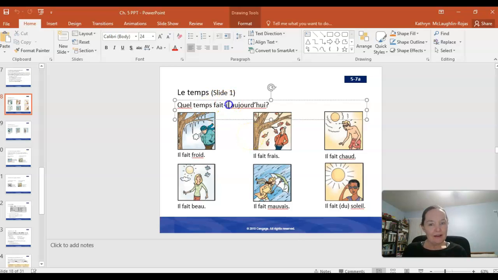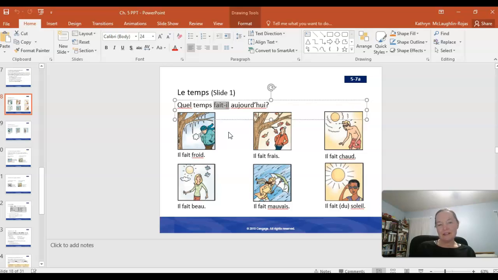Il fait, or in the inverted order for a question, because you can make a question by flipping the subject and verb sometimes, fait-il or il fait means does it make or does it do. Aujourd'hui, of course, is today. So this question is asking us, what weather is it making today? So what's the weather like today, in other words?